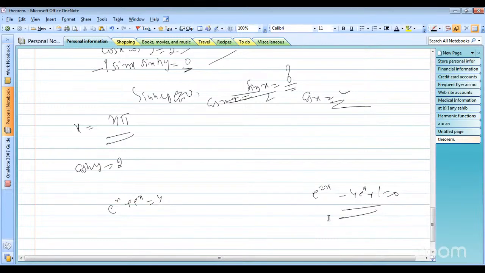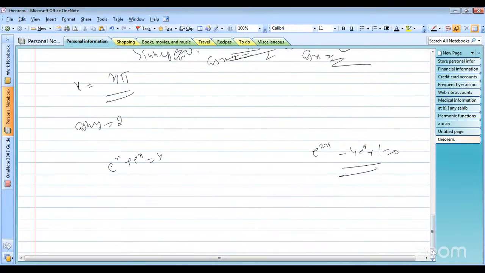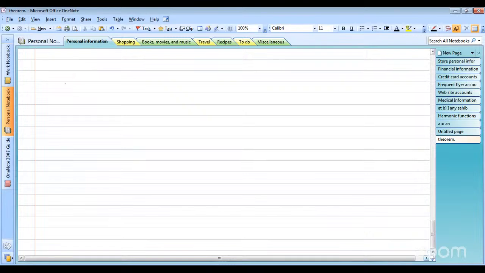So this is the one condition, the quadratic equation I am writing here. e power y has roots 2 plus or minus root 3, using the quadratic formula, minus b plus or minus root of b square minus 4ac by 2a.